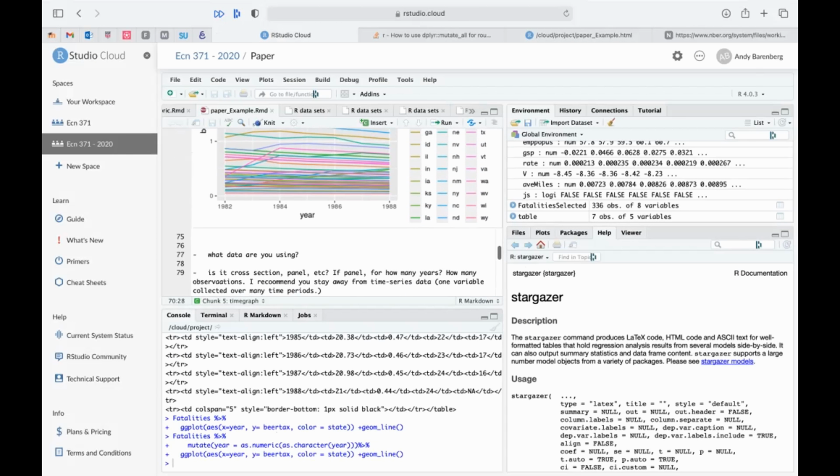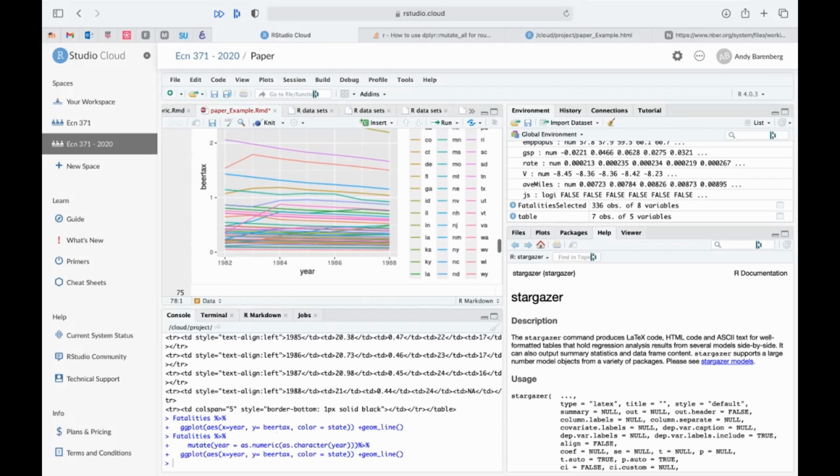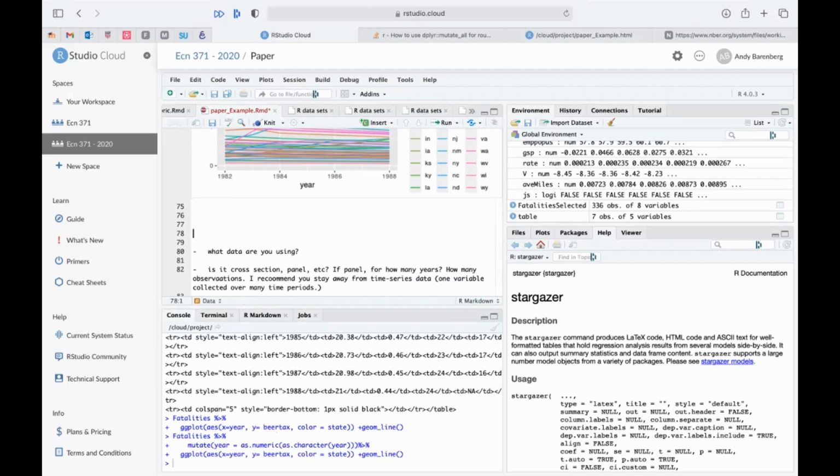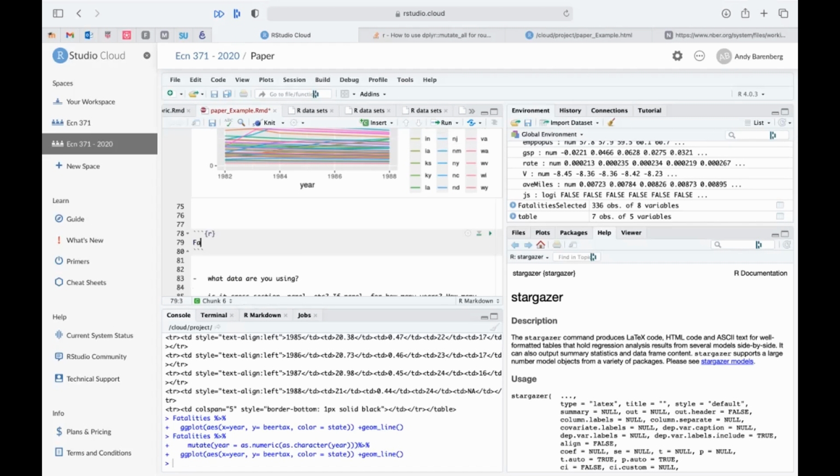I think looking at a graph of the extent to which the beer tax is correlated with the fatality rate might again help give us some answers. So that is another good graph, where we have beer tax on the x-axis and the fatality rate on the y-axis. So let's create a new one. Again, start with our fatalities data, and pipe this in, getting our year corrected as we did before.